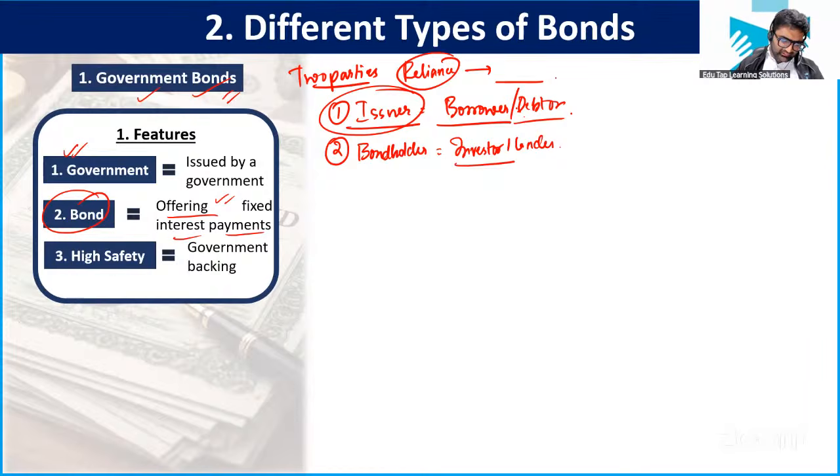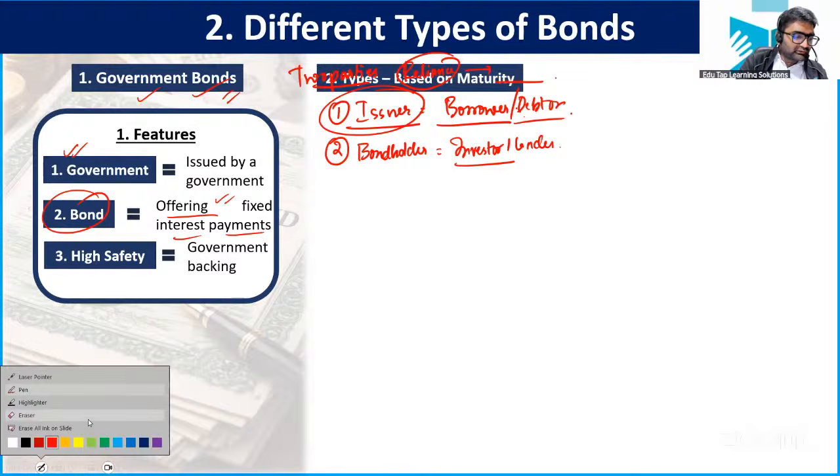Also, the government is an entity which has the right to direct the printing of currency. It can manage the money in the economy, manage the growth of the economy, everything. It is in control of the entire economy. So obviously we can be very much assured that if the government has issued this particular bond, it will be very safe.